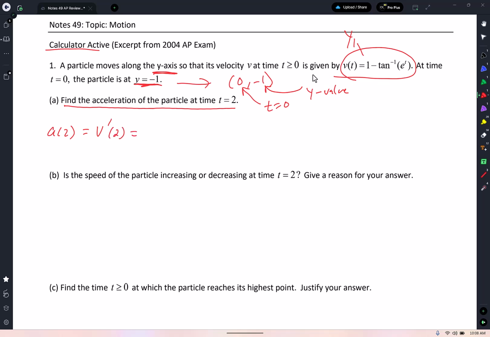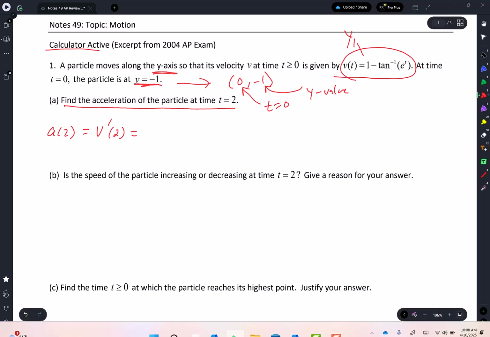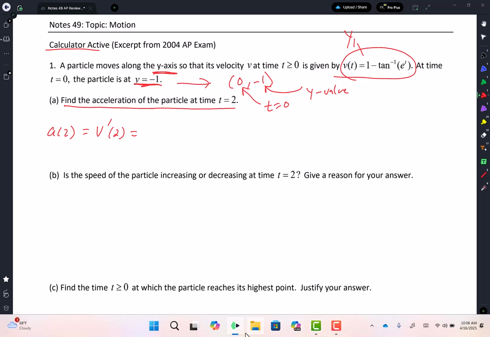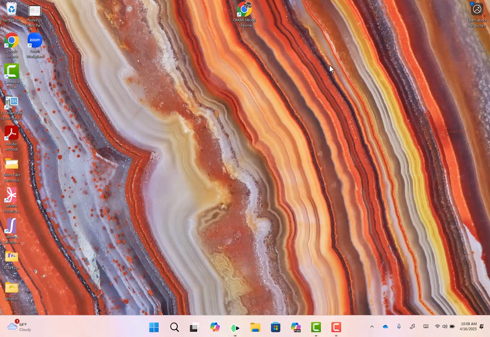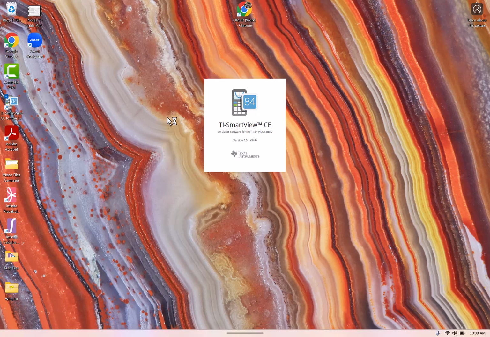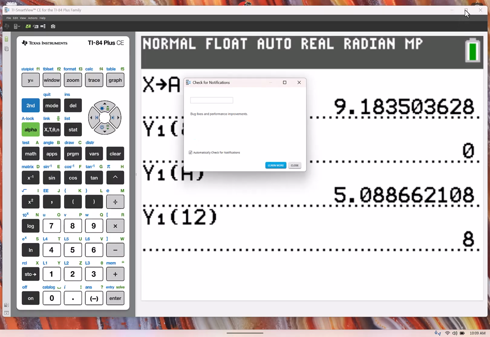Here's the velocity equation. So let me first type this into my calculator. Let me push the calculator. All right, here we go. I'm going to go to Y1. Make sure you're in radian mode.